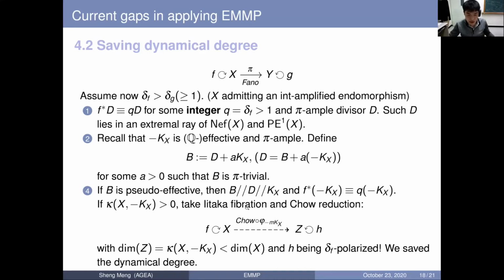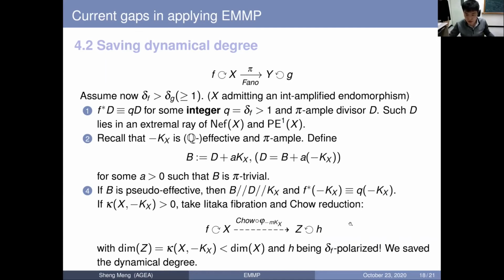In this case, we take the Iitaka fibration of minus K and carefully replace the image of the Iitaka fibration by a good birational model, which we call the Chow reduction, such that we have a dominant rational map X to Z, and F descends equivariantly to a well-defined surjective endomorphism of Z, denoted by H, such that the dimension of Z is the Iitaka dimension of minus K, which is less than the dimension of X. And we can further show that H is delta F-polarized.